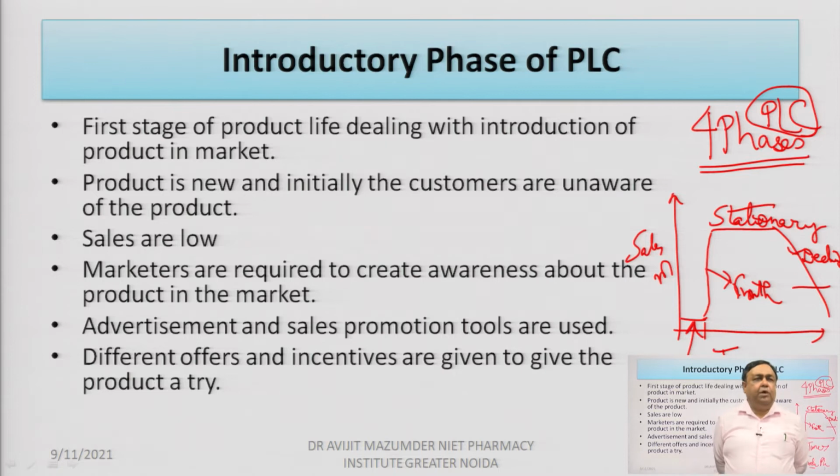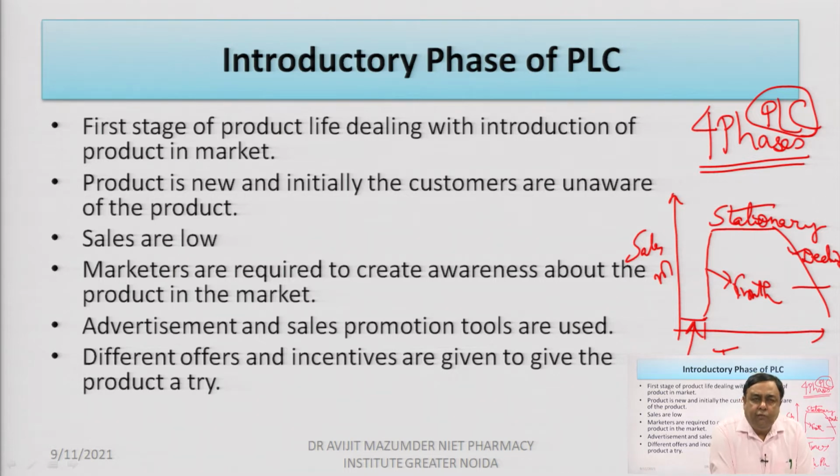The first stage of product life is dealing with introducing the product in the market. The product is new and initially the customers are absolutely unaware of it. They do not know what product you are trying to push on. So, automatically the sales volume is very low.